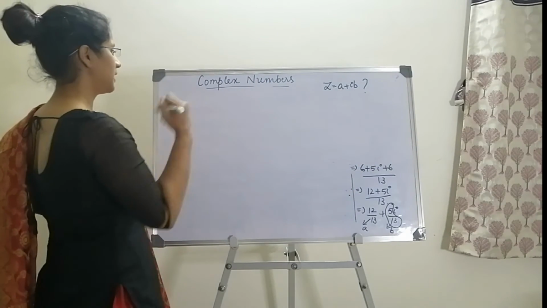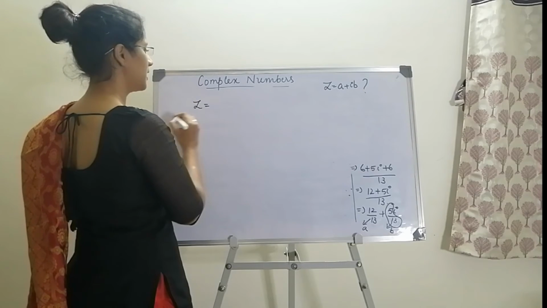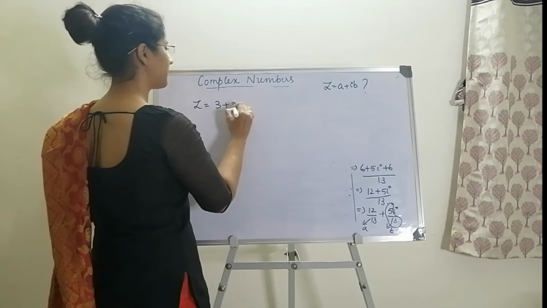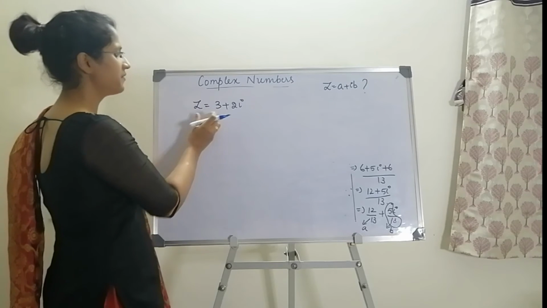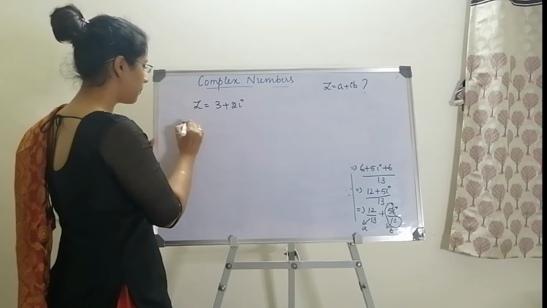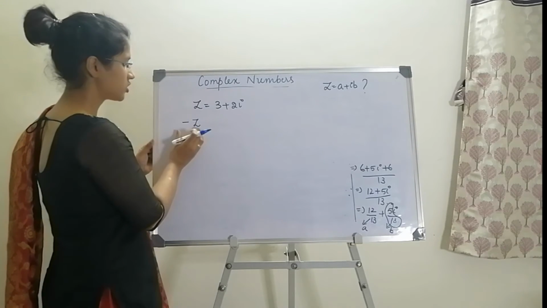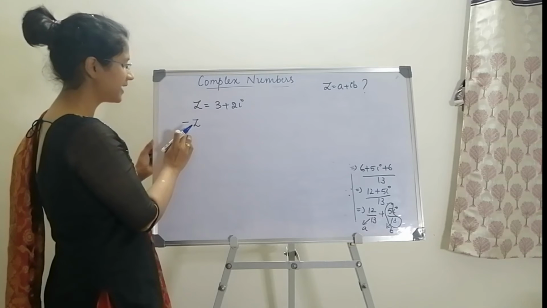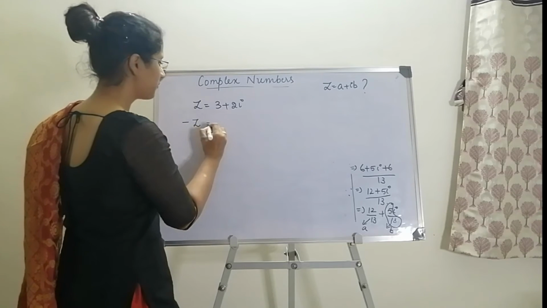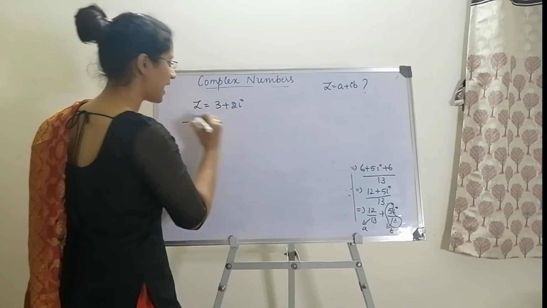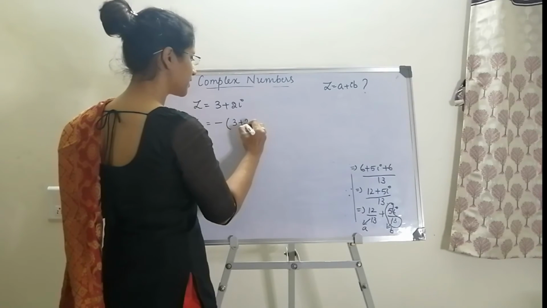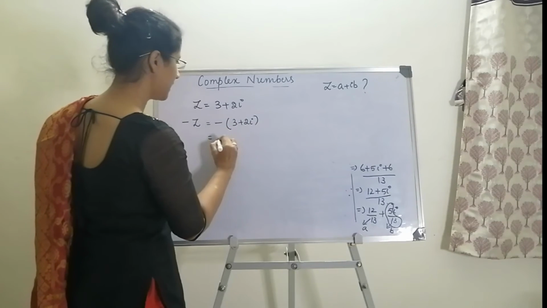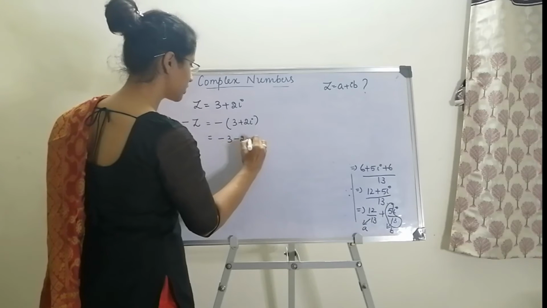For example, if I have a complex number z is equal to 3 plus 2i, additive inverse is nothing but minus of z. So when I have a minus sign with z, obviously on the RHS I will also have a minus sign. So minus of 3 plus 2i will give me minus 3 minus 2i.